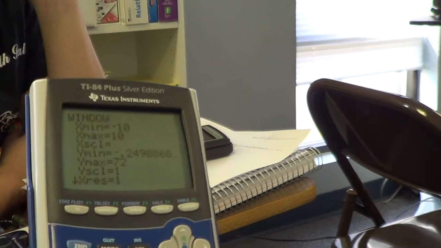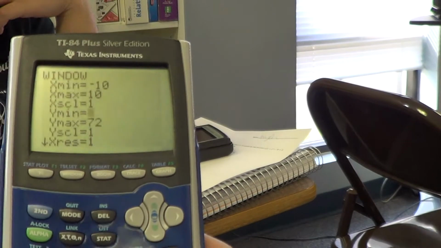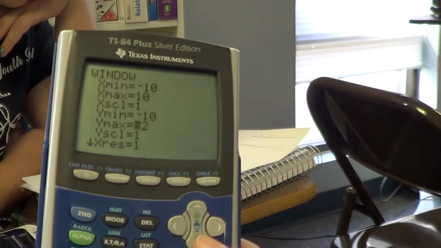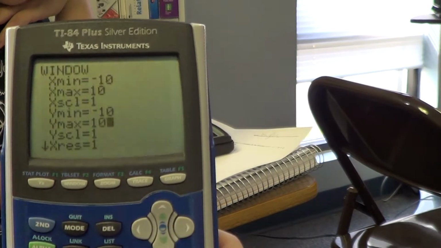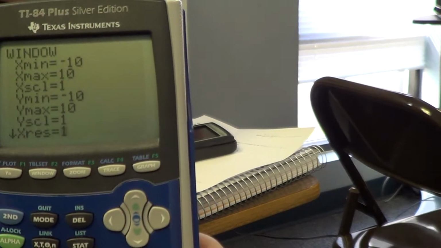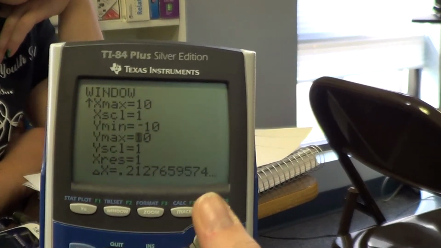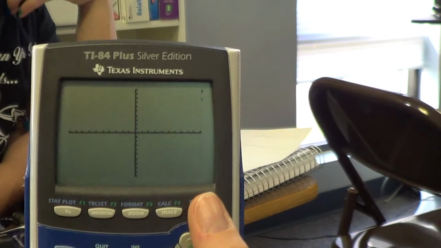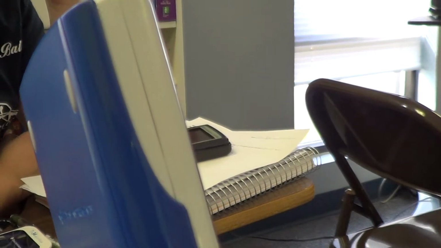Typically just one. And then I press graph. Yes. And hopefully that makes it better or easier to see. Okay.